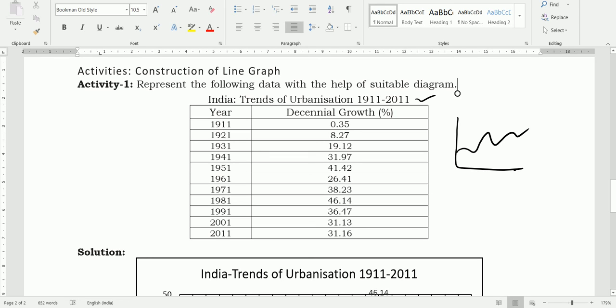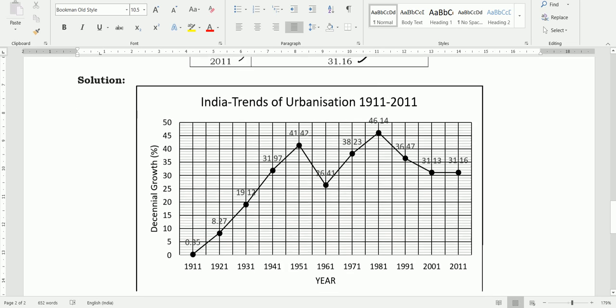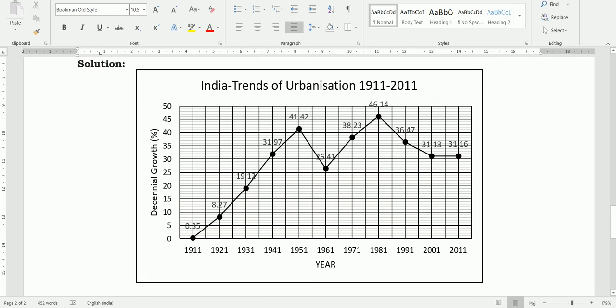And here we have the year, 1911, 21, 31 up to 2011, and here we have the decennial growth, the growth in 10 years. For 2011, this is 31.16. So this is the solution.